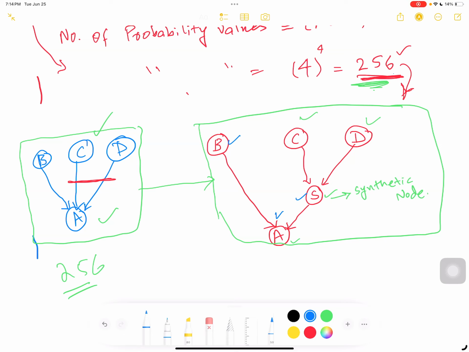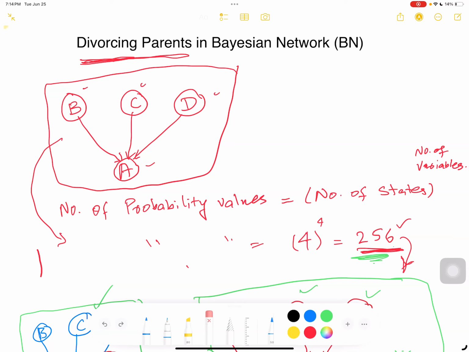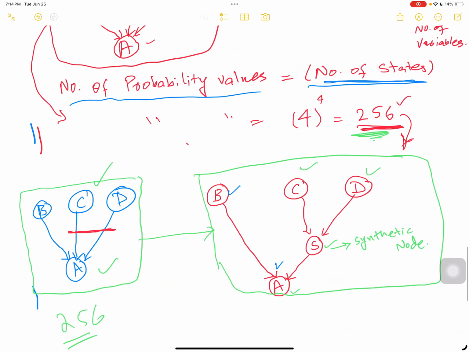So if I want to calculate how many probability values I will need, for B, A, and S, the formula remains the same as I explained earlier. The number of probability values is the number of states raised to the power of the number of variables. So let's apply this here.